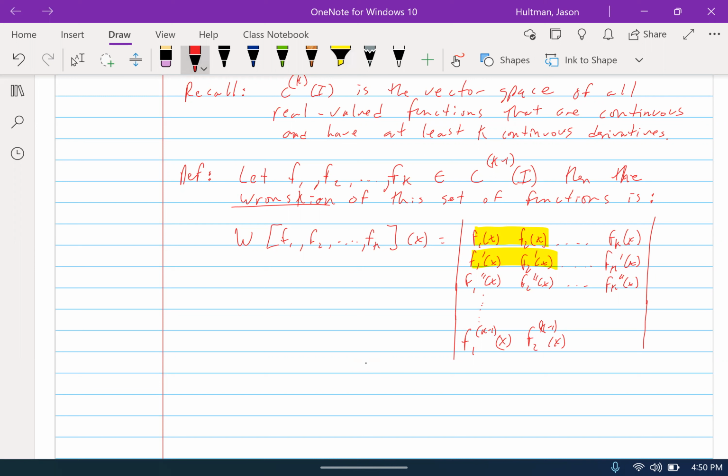So this last row is fk to the k minus 1 of x, with dot dot dots in between. We take the determinant of that, and that is called the Wronskian.